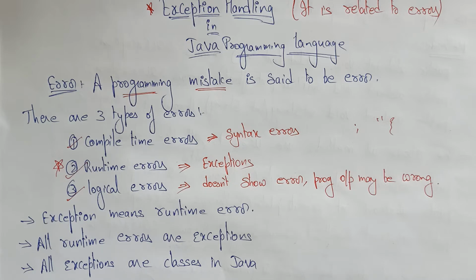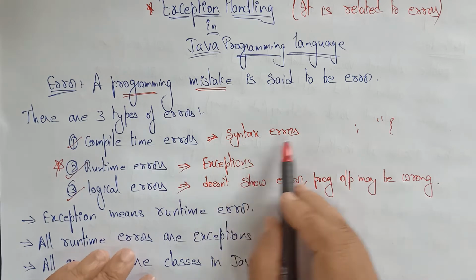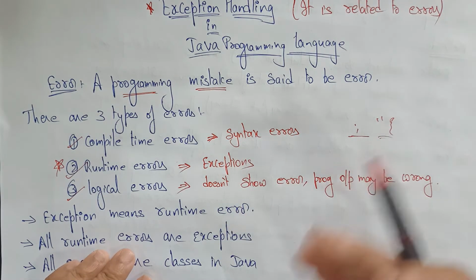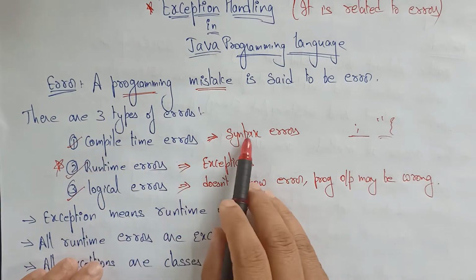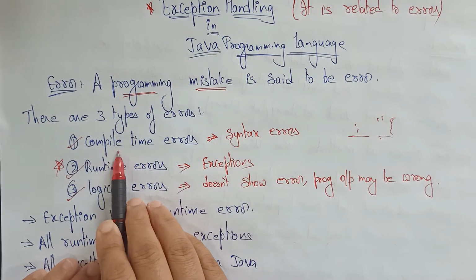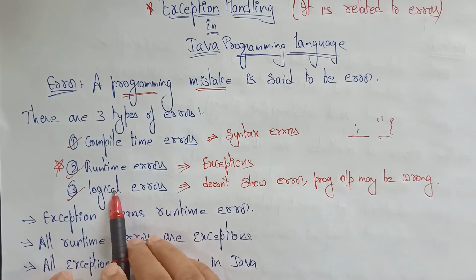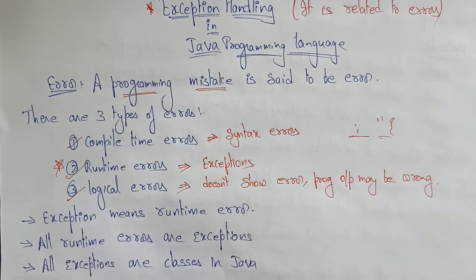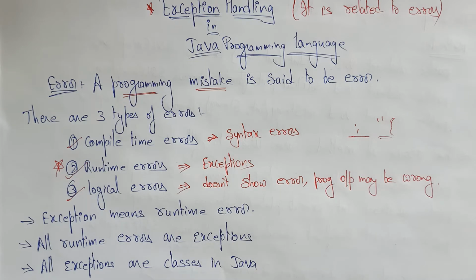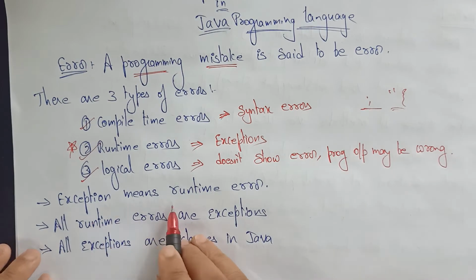That type of error you call a logical error. So there are three types of errors. Any syntax error is a compile time error. Any exception in the program is a runtime error. And if you are not getting the exact output you expect, that means you have made a logical error.